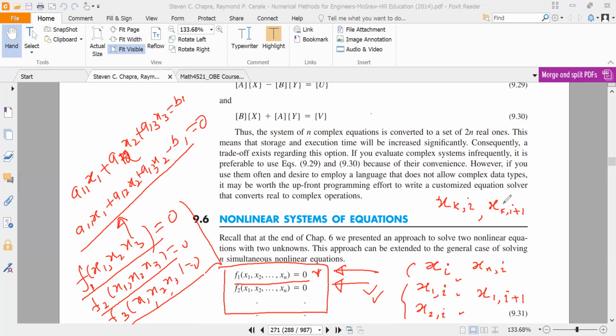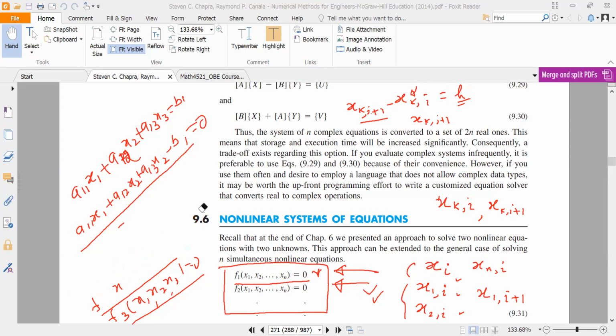Then there will be a difference between these two: x k i plus 1 minus x k i. Say this is equal to h. Then what we can do? We can approximate the function value at x k i plus 1 with the help of the value at x k i and some derivatives, like the Taylor series that you have already learned in your earlier chapters.